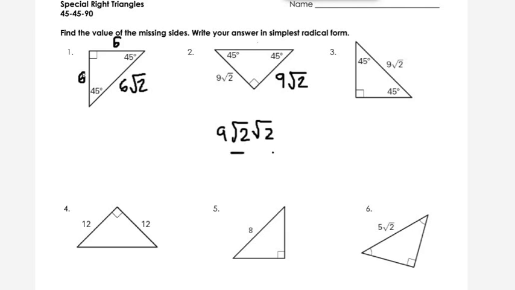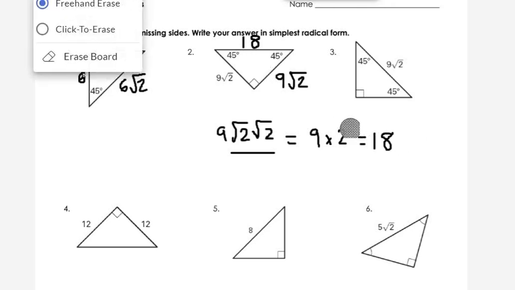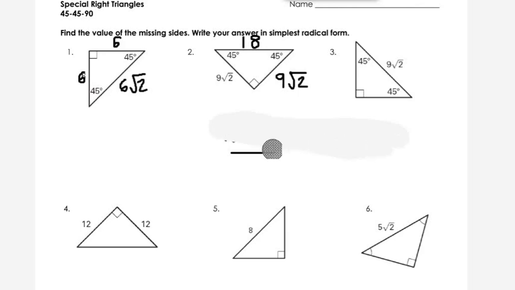Now, these two together will become 9 times 2. And so the hypotenuse is 18. Okay, let me quickly erase this.